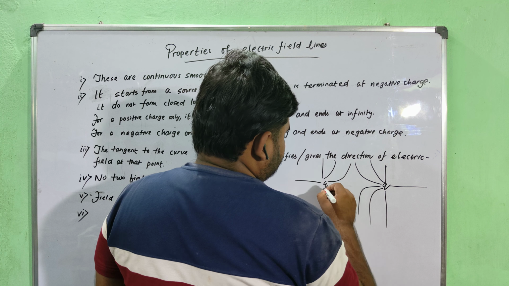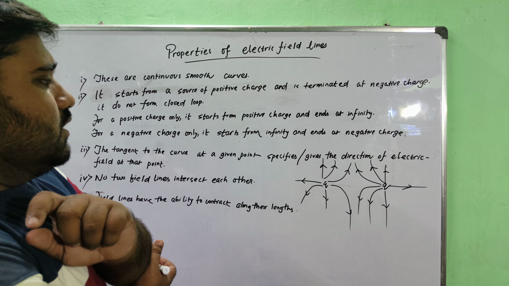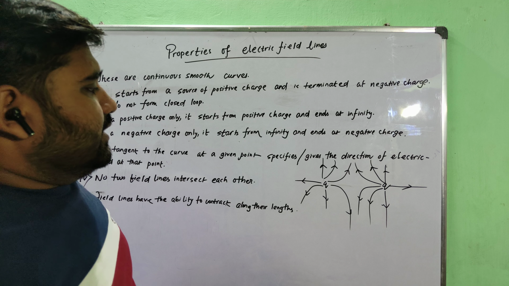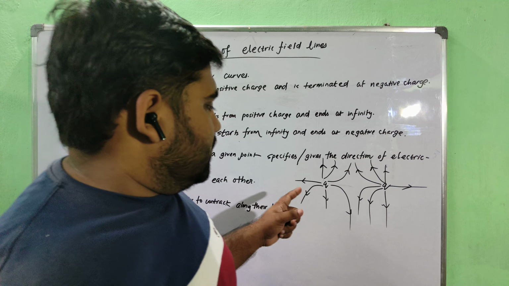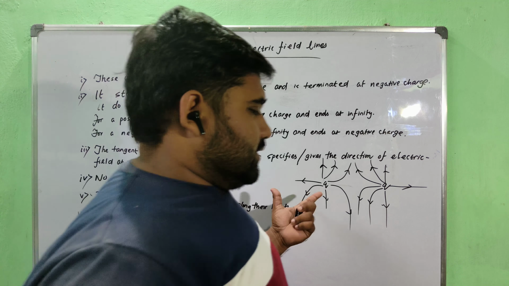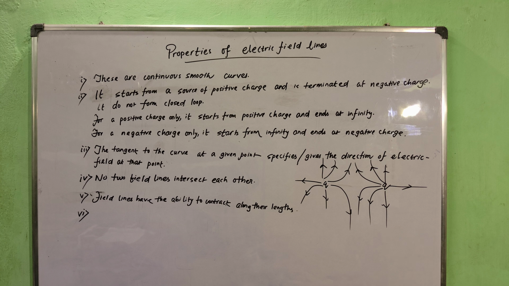For a positive charge, you saw these lines going outward from that charge. So you can see that the field lines of one charge are avoiding the field lines of the other charge. You can actually see this. So we can say that they have a tendency to expand laterally.